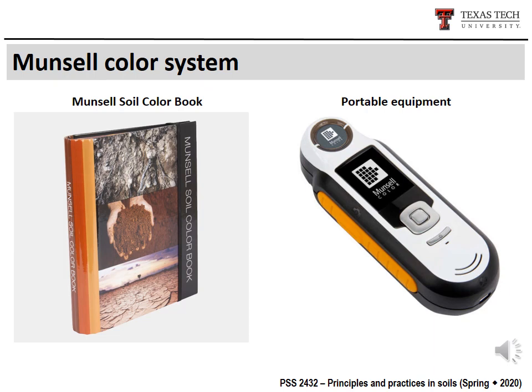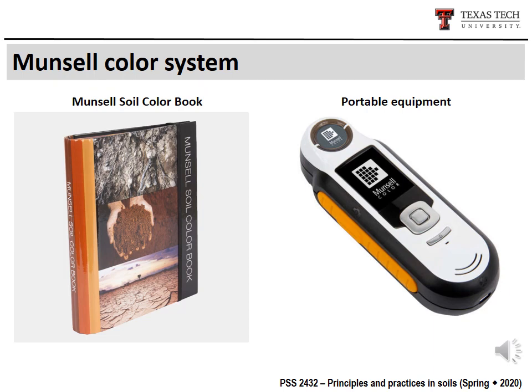As you can see here on the left side, today the Munsell color book is around $200. It's not expensive, and each page of this book corresponds to the hue, the Munsell codes.